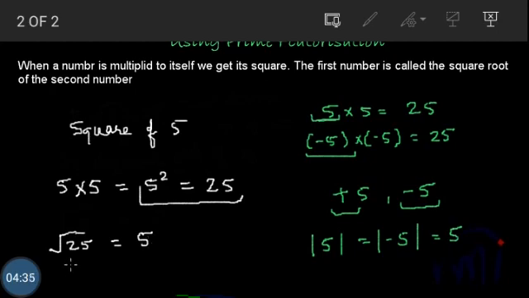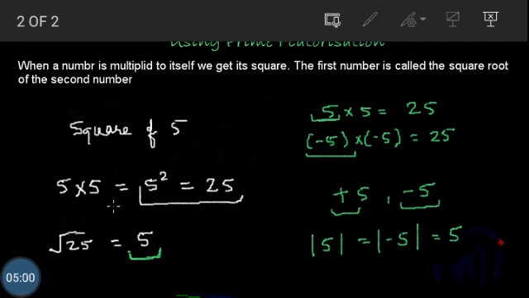But usually when we talk about square root, we mostly talk about the positive number only in lower classes, and when we go to higher classes, we take care of the negative values also, right? So right now we haven't reached there where we need to take care of negative values. So we are going to take only the positive value of square root.